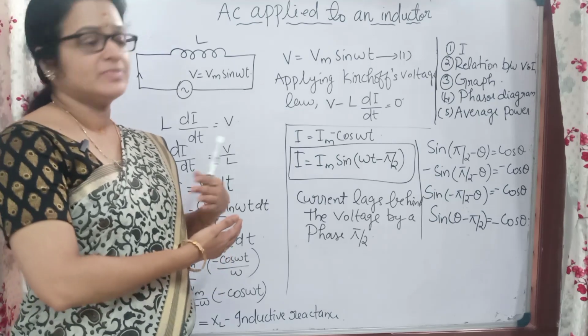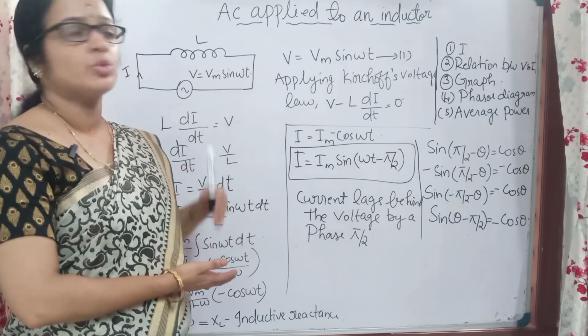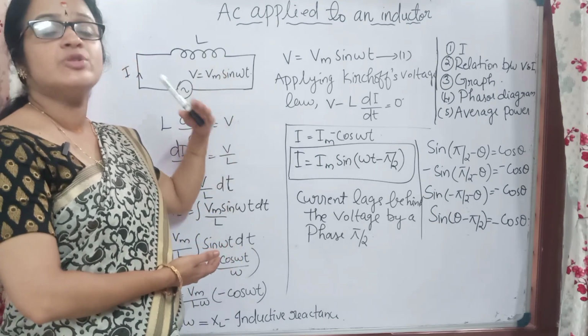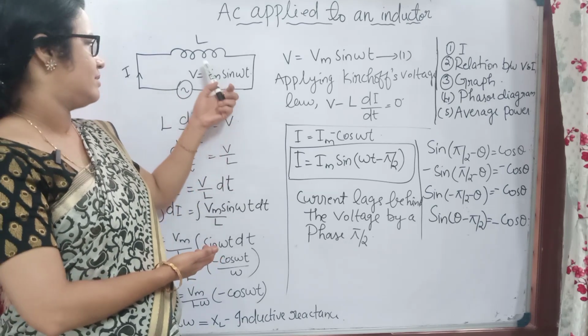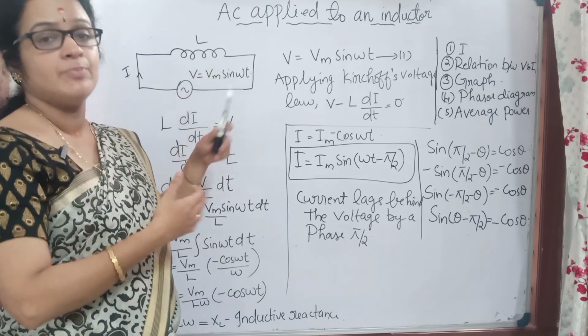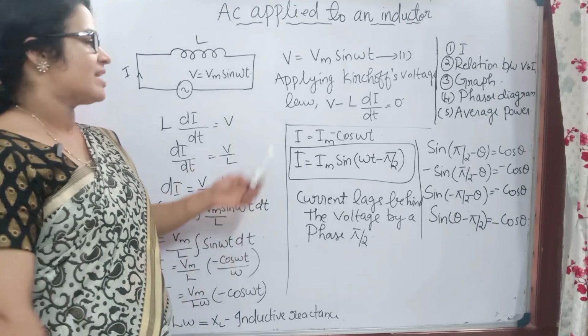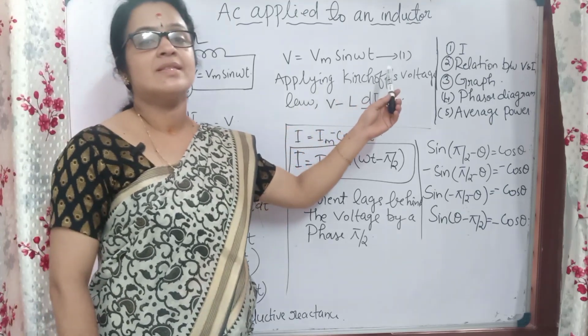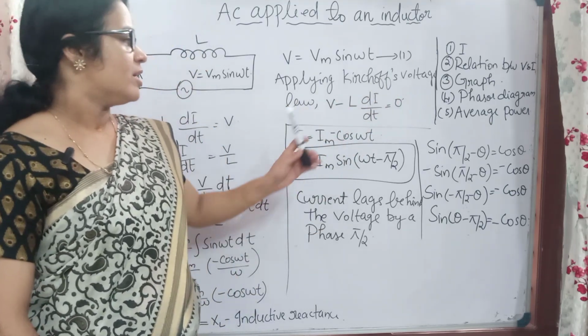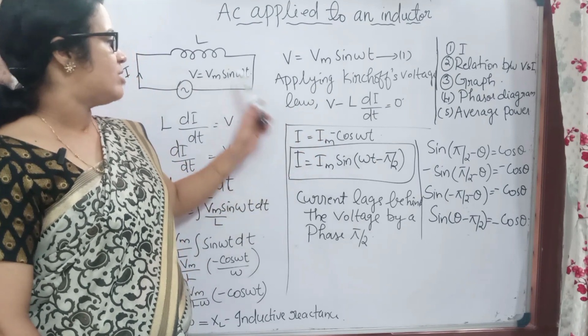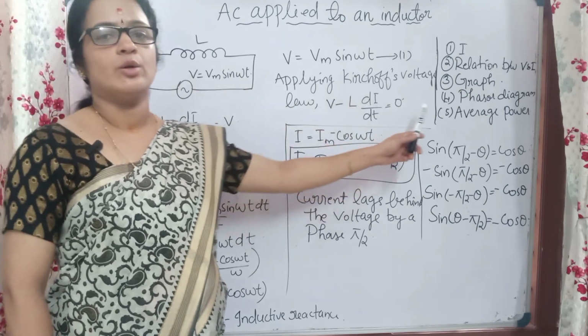When the alternating current passes through the coil, an induced EMF will be produced. That is, in the case of an inductor, an induced EMF is produced, and we can find it using Kirchhoff's rule. So we can write V minus L into di by dt equal to 0.